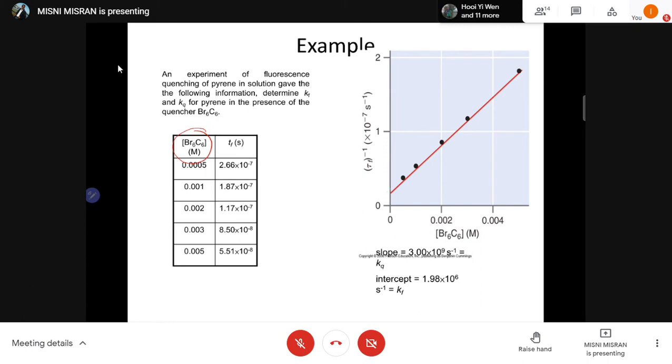So anyway, you should expect that the intercept here is Kf intercept, and you should get the slope or gradient from here. So you get the difference, delta x, and you get the difference here, delta y.